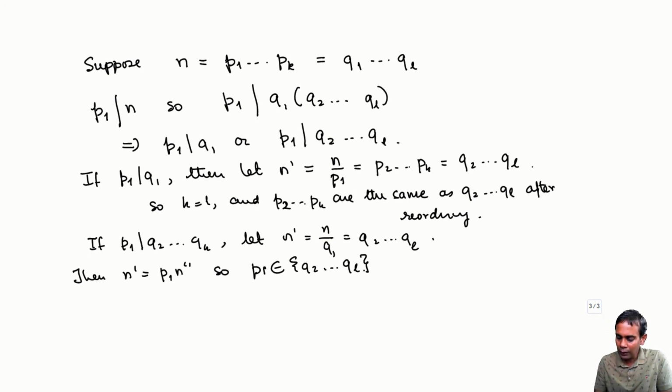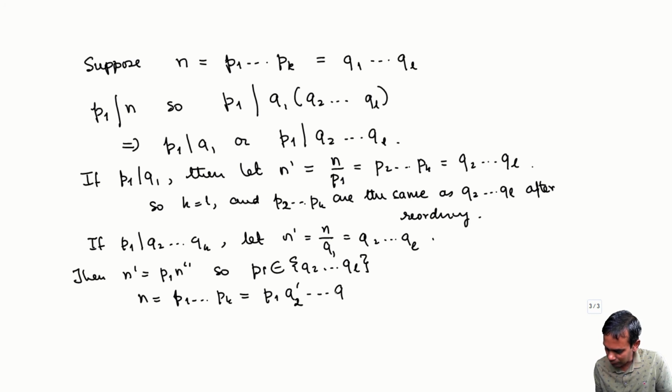And so you can go back and reorder the factorization: you can just reorder these factors q2 up to ql and bring the one that is equal to p1 in front. So what we have is n is equal to p1 up to pk, and it's also p1 times q2 prime up to ql prime.